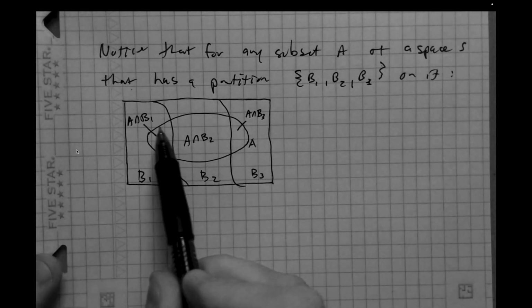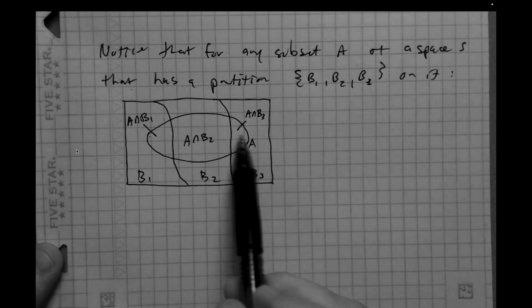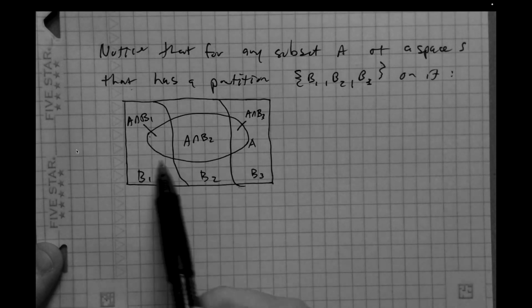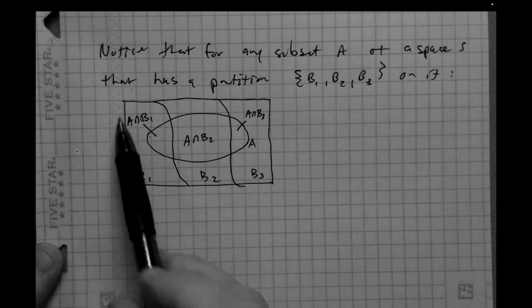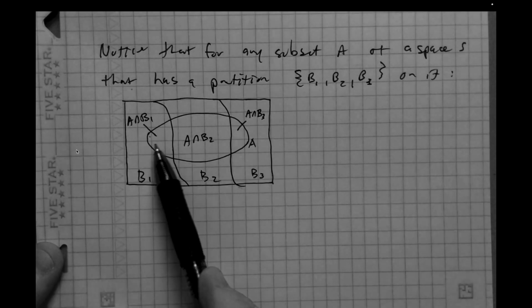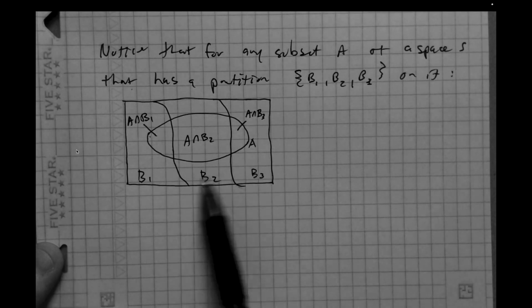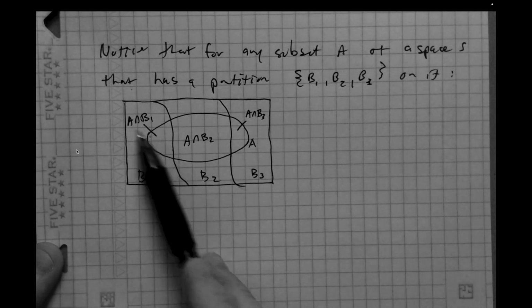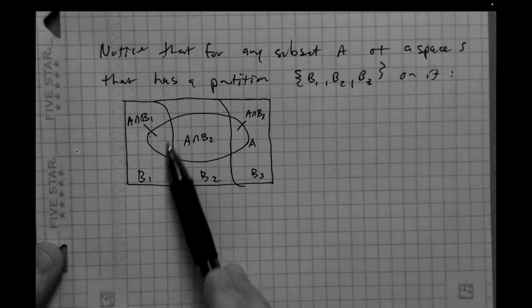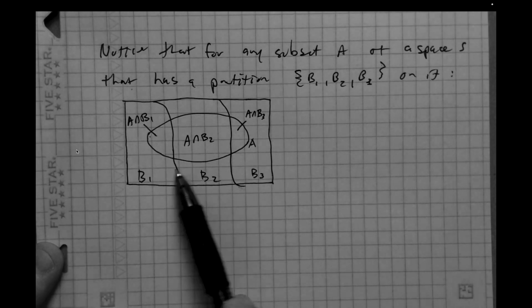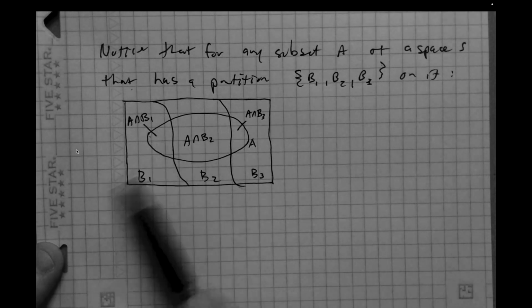You're taking the different pieces of the set A and noting which part of the partition each lies in. Because B1, B2, B3 are mutually exclusive, you don't have a situation where a piece of A lies in two sections. It's always only in one.